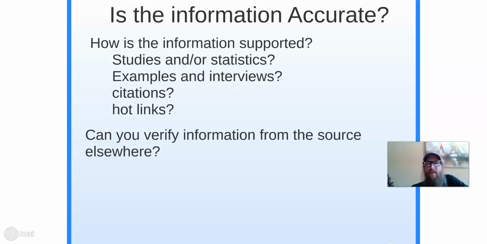To evaluate accuracy, you really have to have read the thing, right? Because this is when you're doing some critical thinking. There are plenty of main articles in the newspaper or news outlets that don't include citations, right? But they still tell you where their facts are coming from. They do things that help you feel more confident about the accuracy of the information, right?